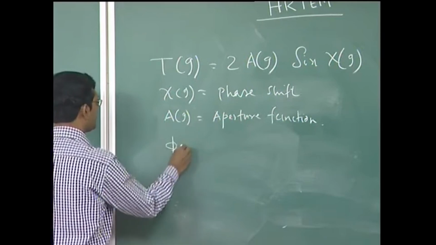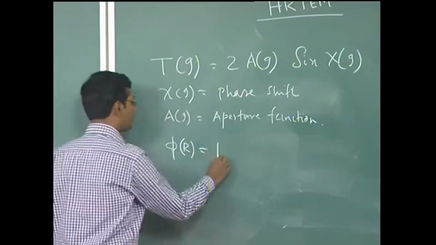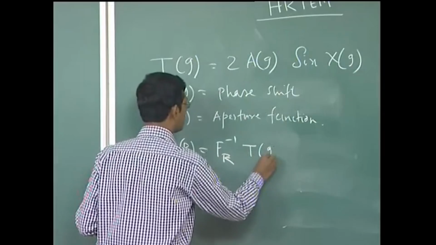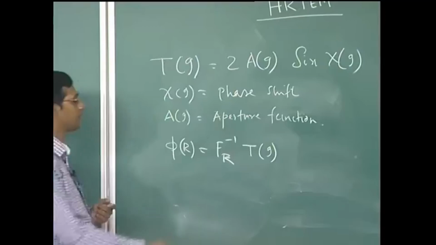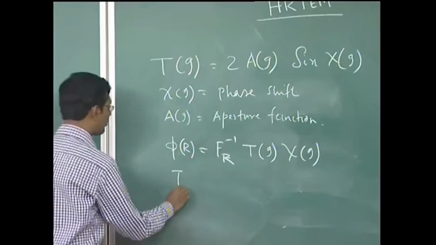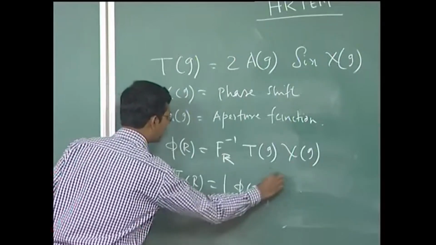If the wave function in the image plane is psi of r, then it can be written as the inverse Fourier transformation of the transfer function and the psi z, and intensity obviously will be proportional to the square of the wave function, that we know.